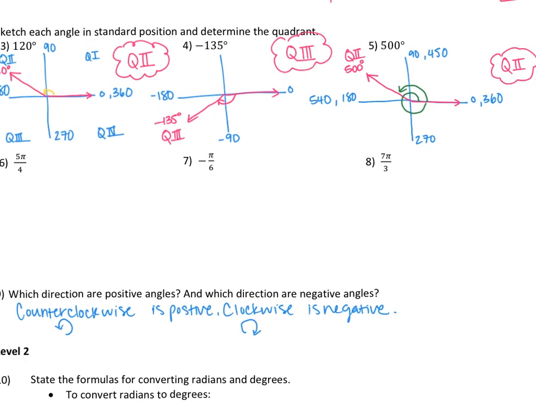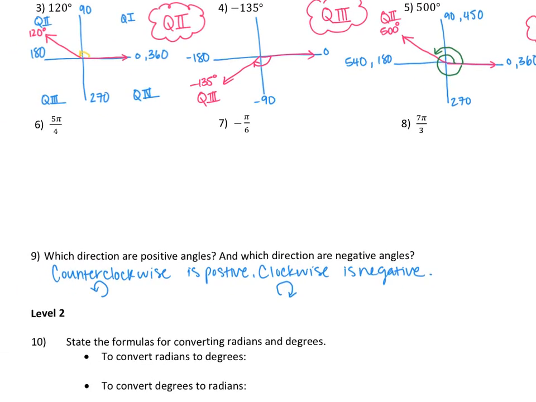All right, let's take a look at number 6 here in radians. So for radians, you're going to have to think of it as in the pies. So let's practice that. So we go from 0 to pi over 2, then pi, and then if I go this direction, I have to add pi over 2 to pi.